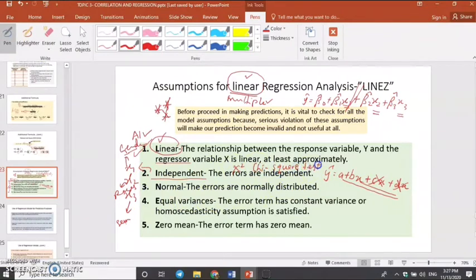This one is optional because we are learning about linear regression only, so this independence might not be included in this study.